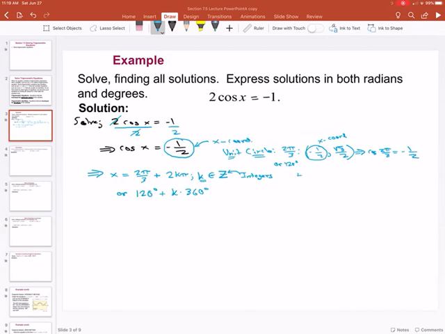Again, if you need to, you can get out your unit circle. We have an ordered pair of negative 1/2, negative square root of 3 over 2 in quadrant 3. There's that x coordinate of negative 1/2.